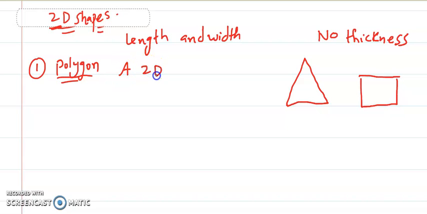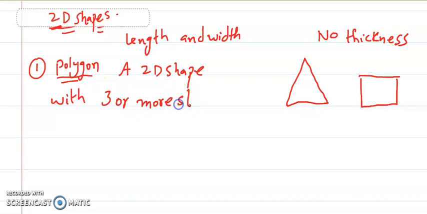It's a 2D shape with three or more straight lines and angles.